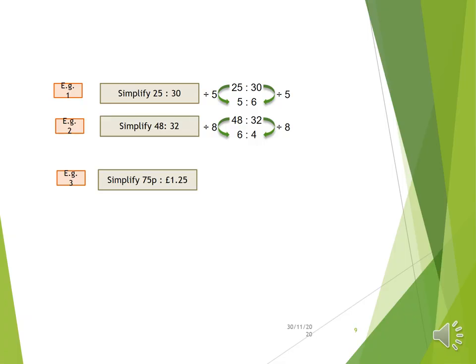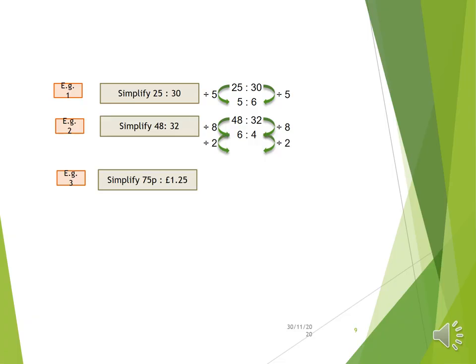You ask yourself that question. Is there a number that will go both into 6 and 4 without any remainders? And the obvious answer is yes. There is something that will go both into 6 and 4. And what is that? That is the number 2. So 2 will go into 6 and 2 will go into 4 as well.